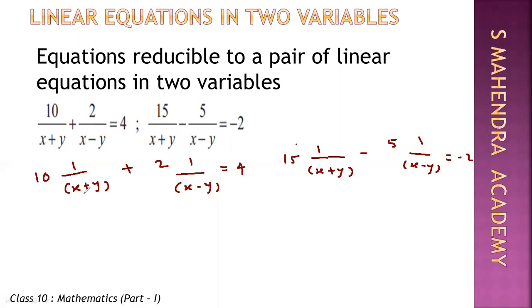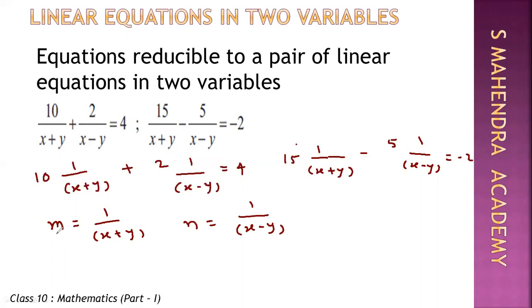So now we can substitute the value of 1 upon x plus y and the value of 1 upon x minus y as m is equal to 1 upon x plus y, and n is equal to 1 upon x minus y.